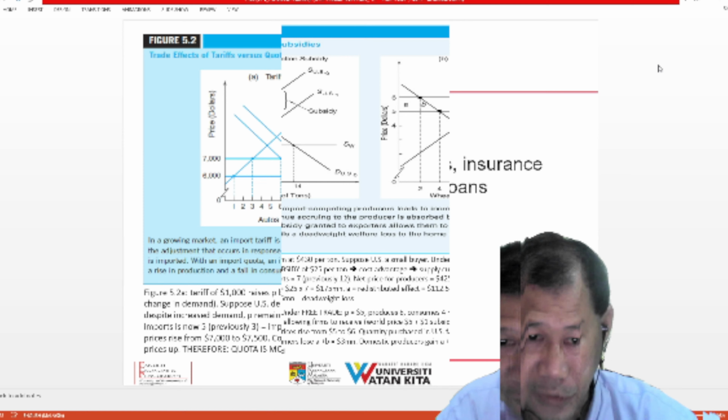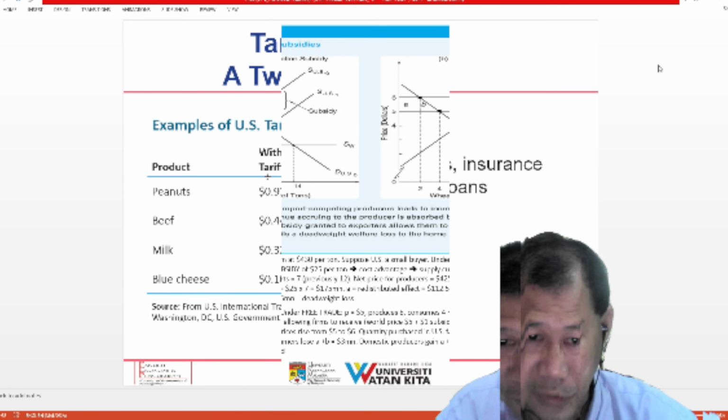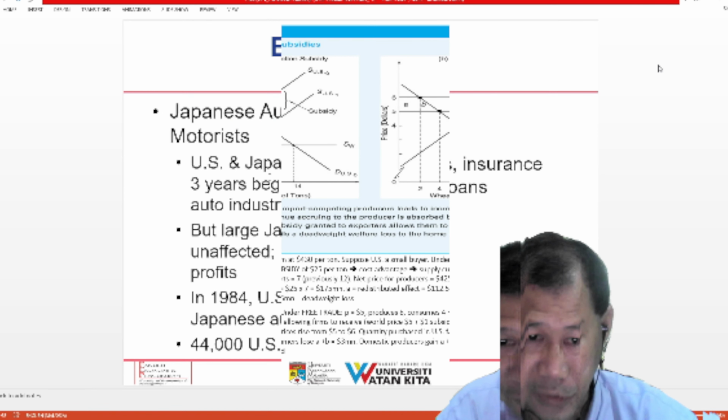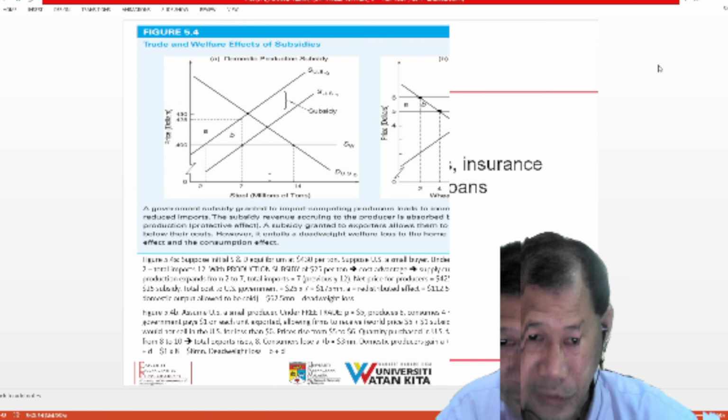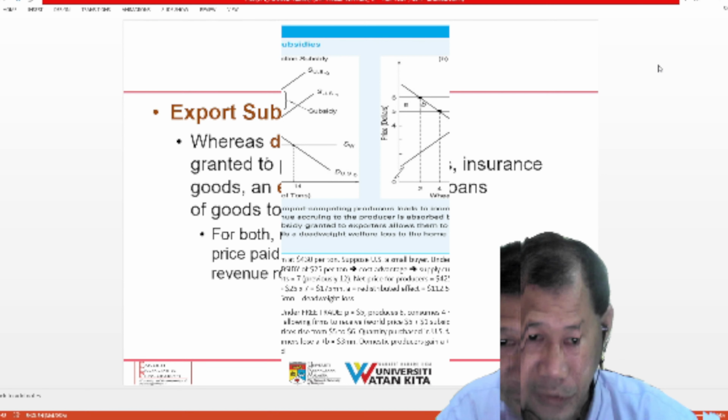Quota is even worse because there's higher prices. So we've just seen that production subsidy results in only one dead weight loss.